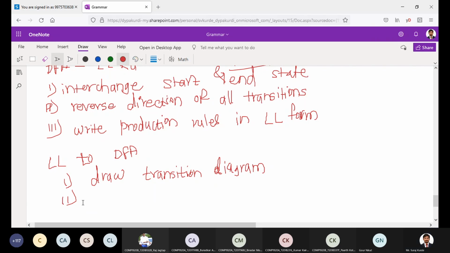Then reverse the direction of all transitions.